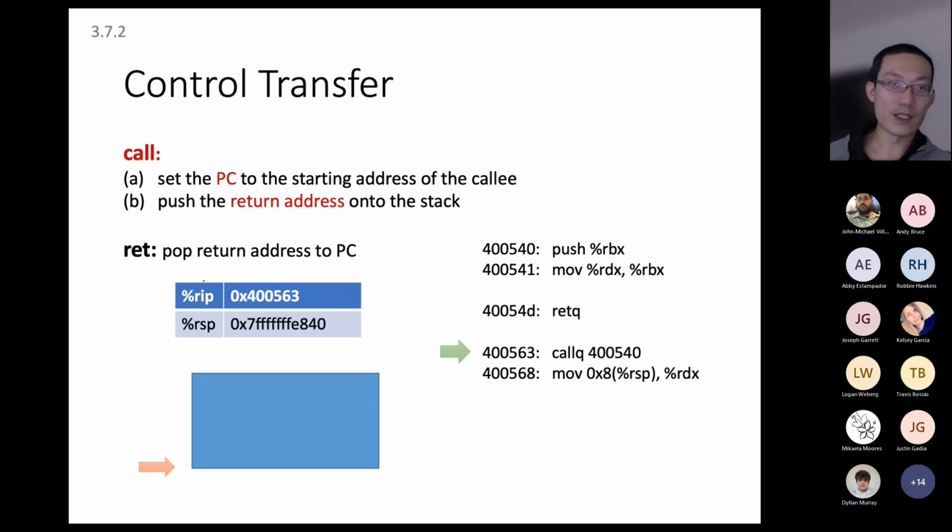We have the RIP instruction pointer to be the number 400563. RIP always gives the address of the instruction we're going to execute. That's the computer's way to figure out which instruction to execute in the ocean of assembly.